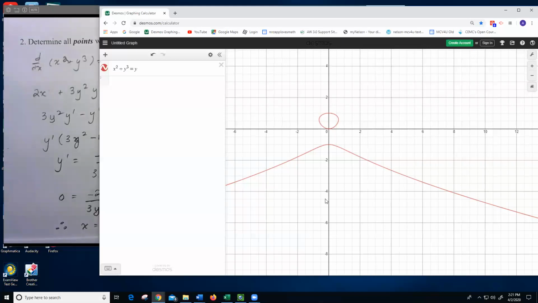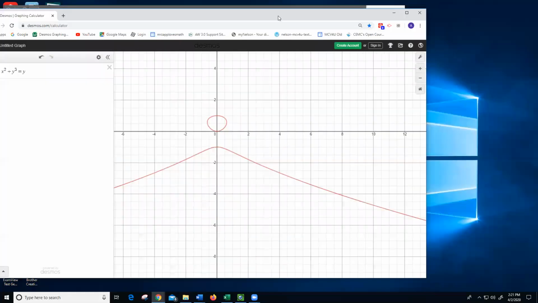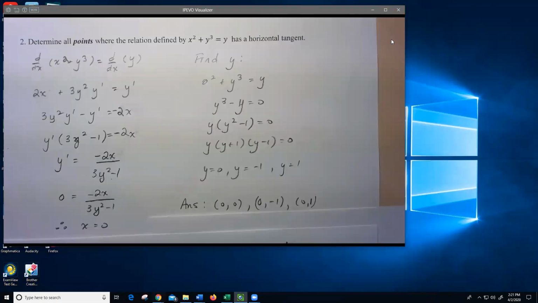And when we take a look here, we see that it makes sense that it's at x equals 0, and we have a horizontal tangent when y is -1, when y is 0, and y is equal to 1. So let's close this off. Ugly, oh no, this is beautiful. I guess beauty's in the eye of the beholder or something like that.